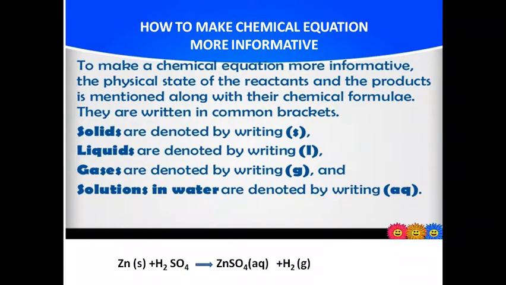To make a chemical equation more informative, the physical states of reactants and products are mentioned along with their chemical formula within brackets. They are written in common brackets. For example, if the compound is in solid state, then we use small s within brackets.